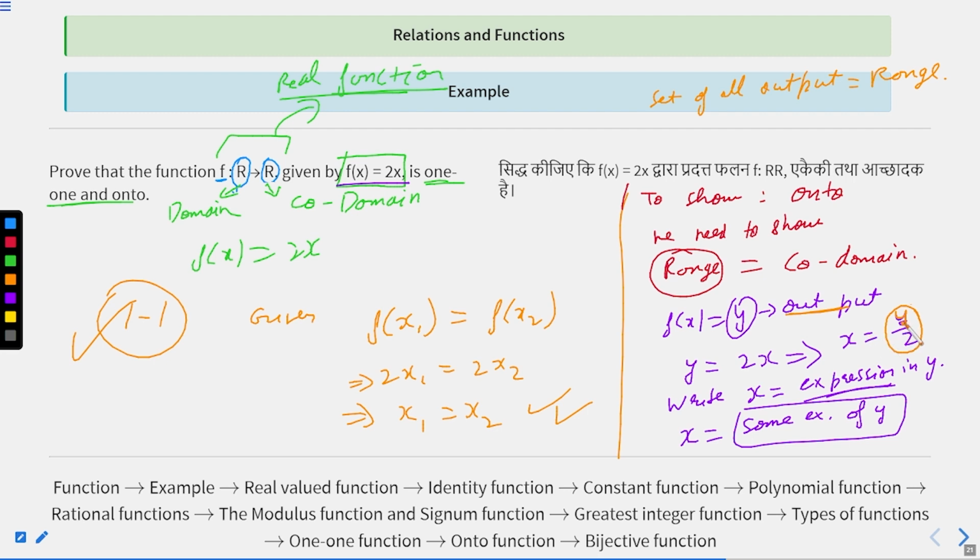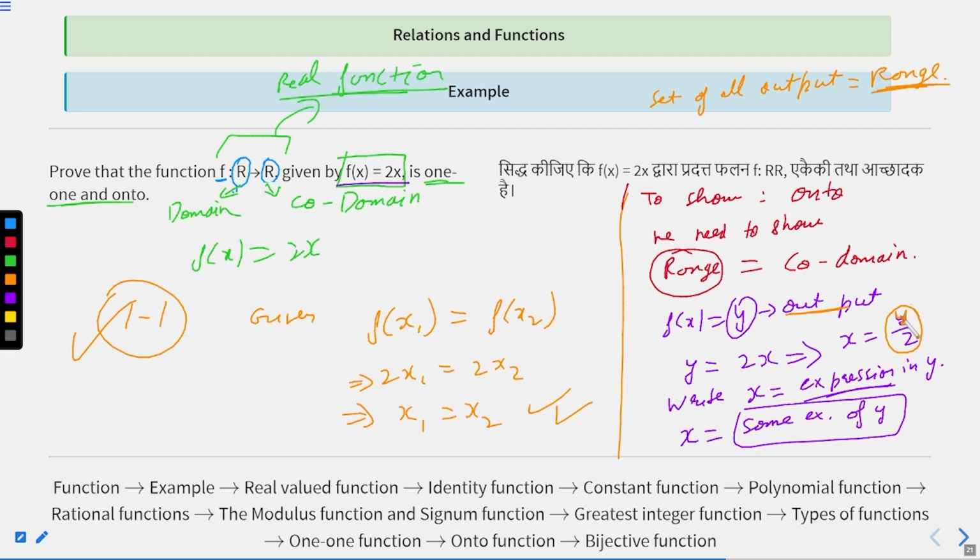Okay. So now I have written x is equal to an expression of y, as you can see, y by 2. Are there any restrictions? If you put a set of all outputs, the y values, in here, all the y values will be in my range.